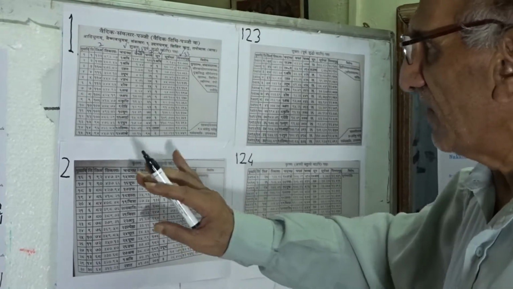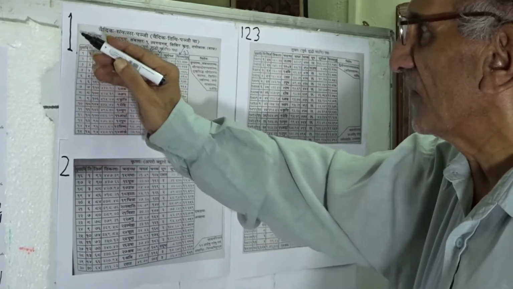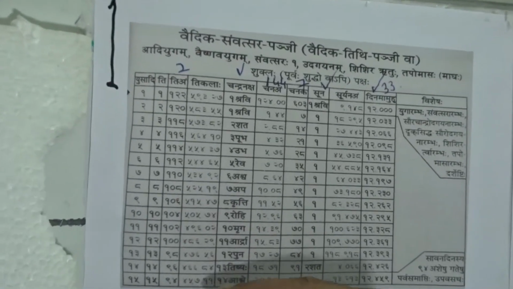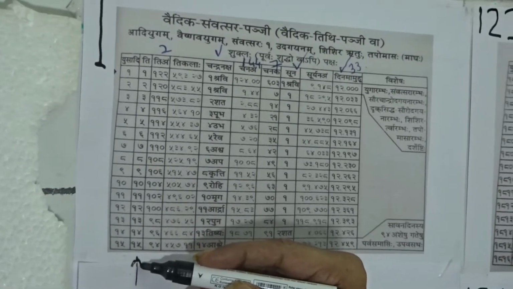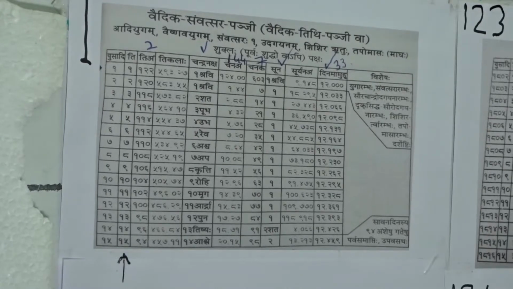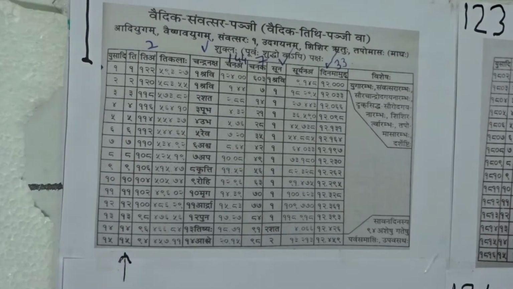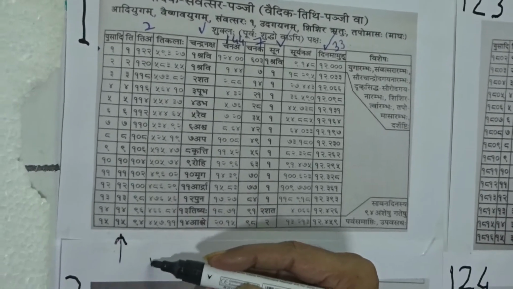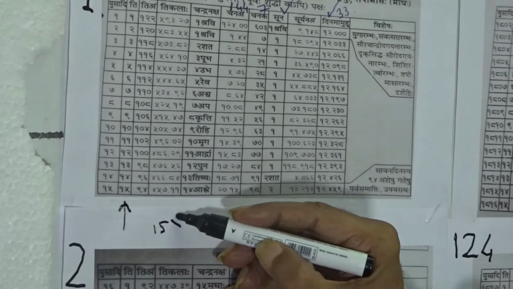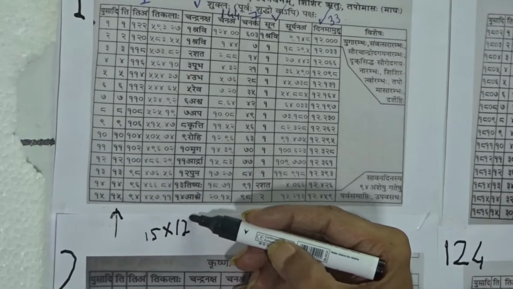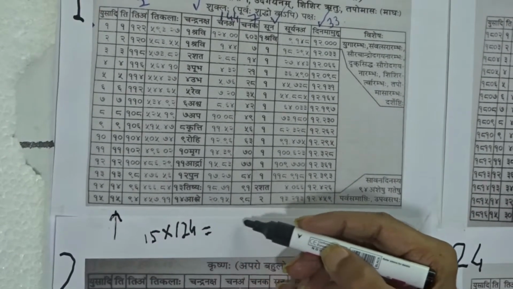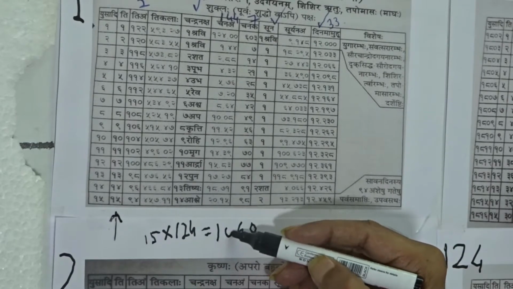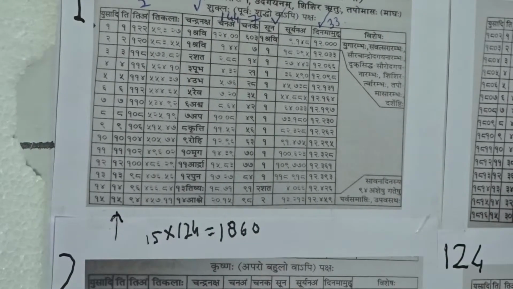If we have a look at the first table, it is giving us 15 rows. These are of 15 steps. And then if we go by 15 multiplied by 124, it will give us 1860.